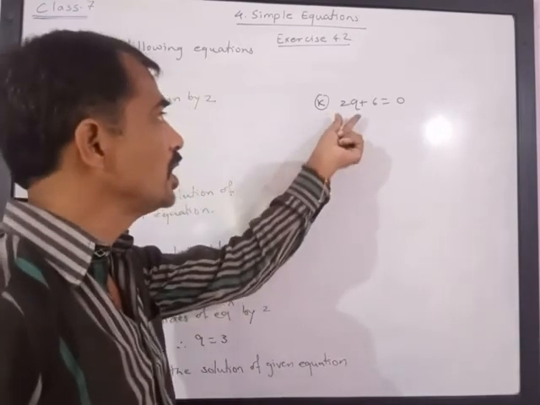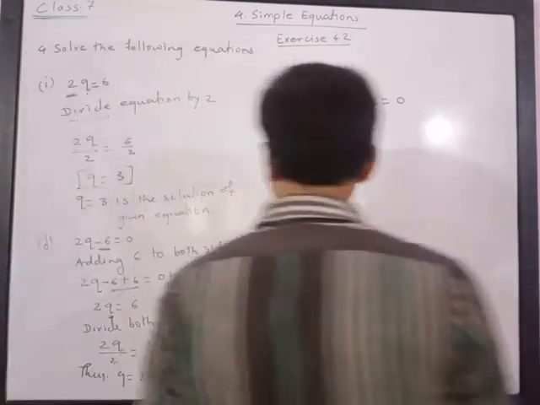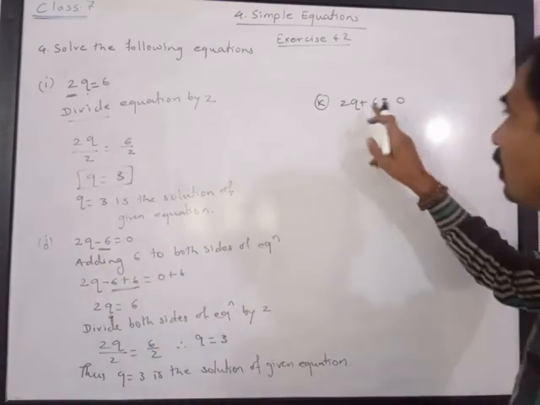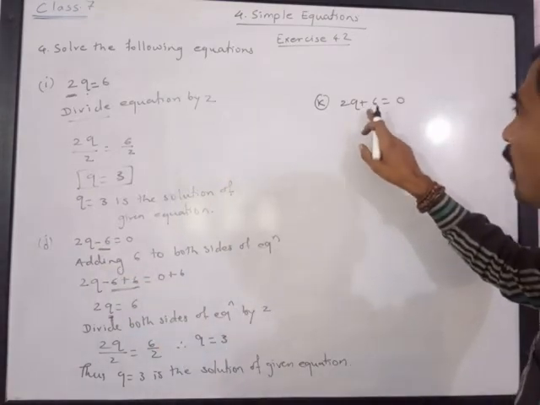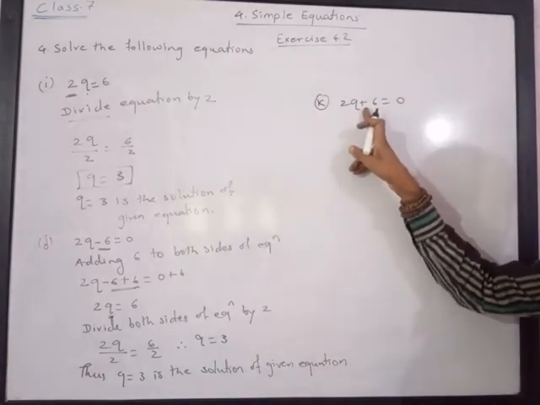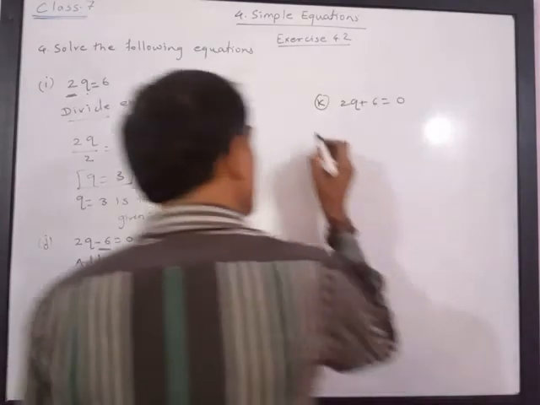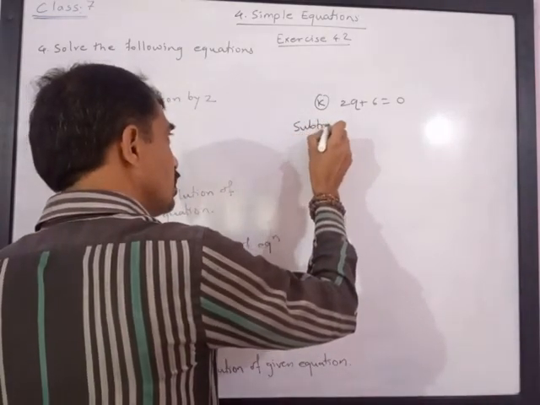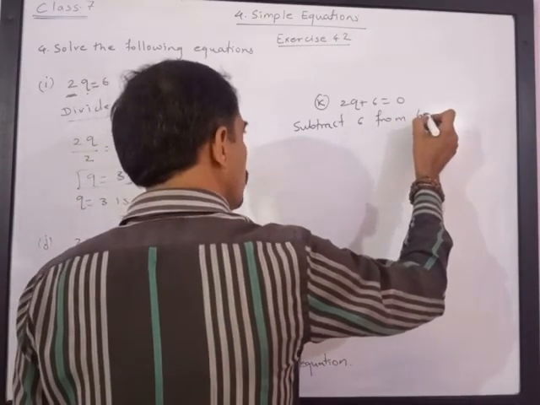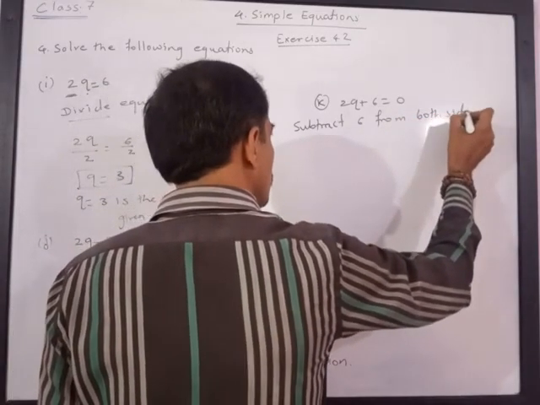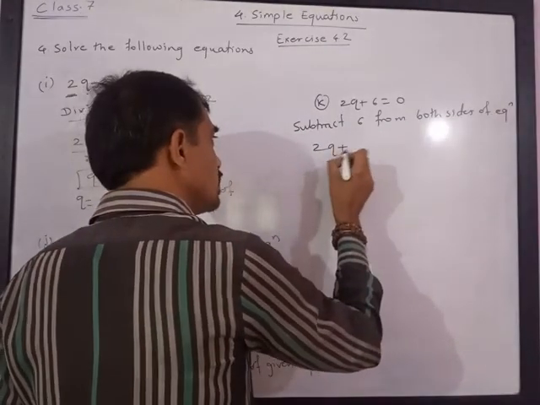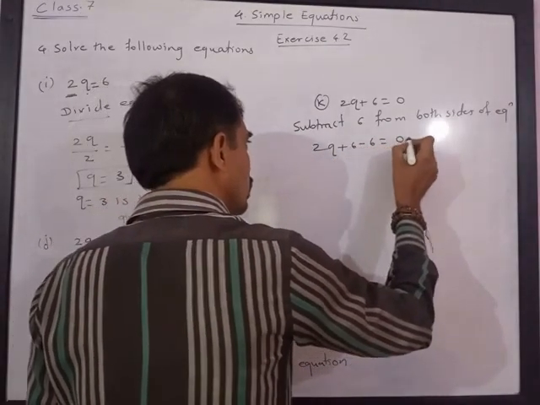Dear friends, next question is 2q plus 6 is equal to 0. Please see, here 2q minus 6 was there, so we did the addition operation. Here plus 6 is there, it means we have to do the subtraction operation. We have to do the opposite operation. So since 6 is added, we do the opposite operation, that is subtract 6 from both sides of the equation. So you get 2q plus 6 minus 6 is equal to 0 minus 6.